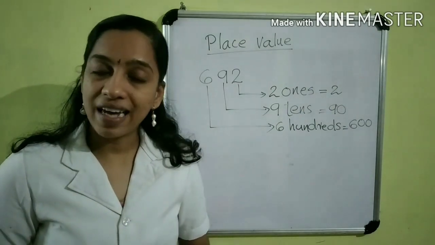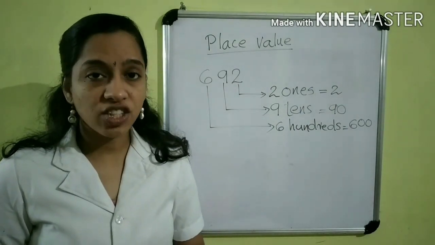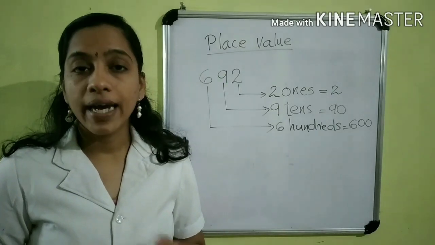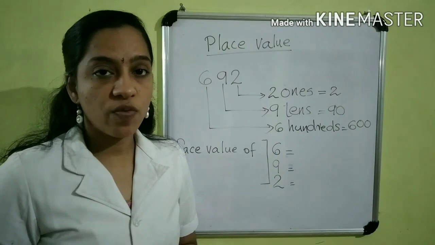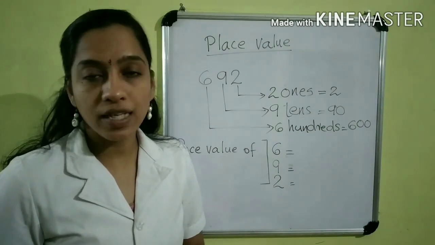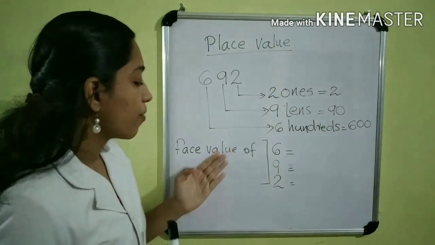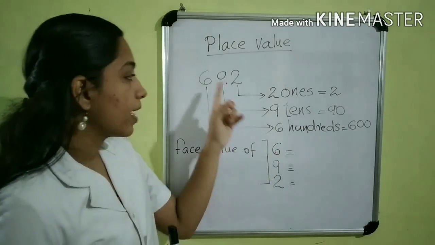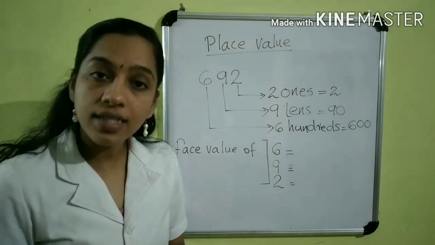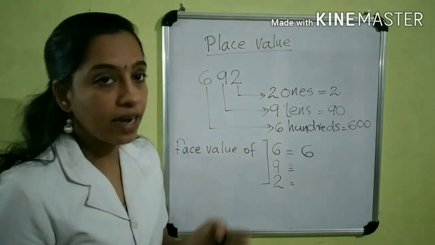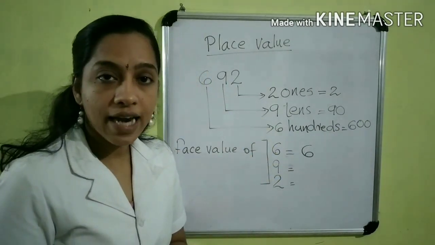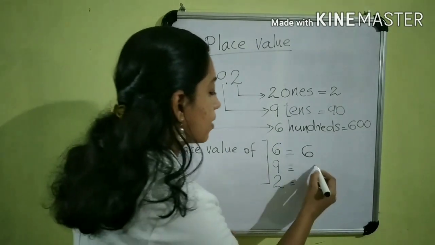Okay. Then face value. The face value of a digit is the number itself. It remains the same in all places. We know the face value does not depend on the place of the digit. Here the face value of 6 in 692 is 6. And the face value of 9 in 692 is 9.